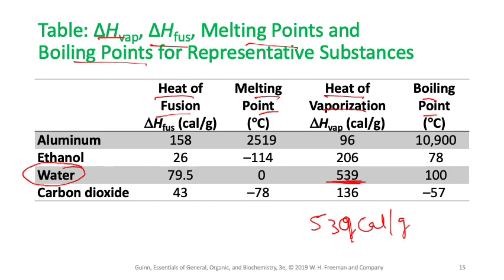That means you need 539 calories of energy to convert 1 gram of liquid into a gas phase. And for water, heat of fusion is 79.5. That means you need to provide 79.5 calories of energy to convert ice into a liquid form, to melt a solid into a liquid. So this is how you can get the numbers for different substances.